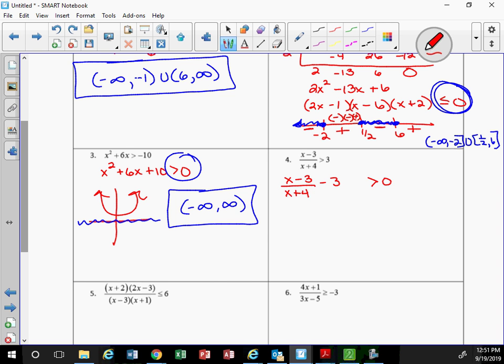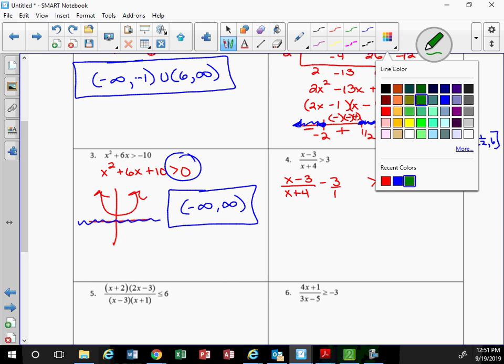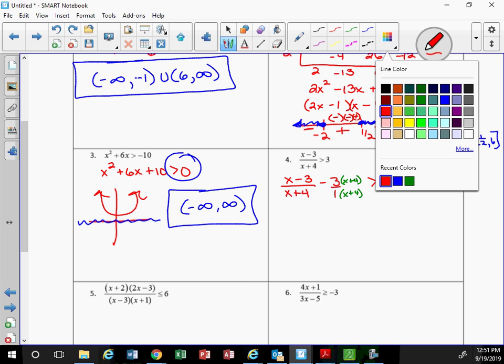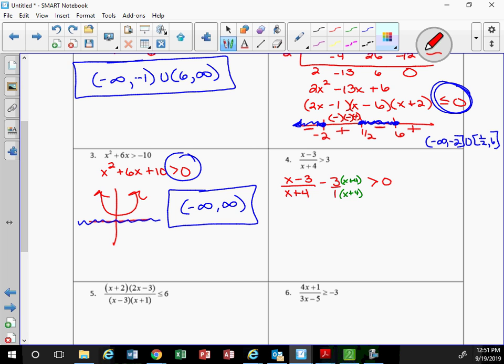All right, so 3 could be over 1. If I want to subtract fractions, what do I need? Okay, and what's it going to be this time? Okay, so I need a little x plus 4 here and a little x plus 4 here. So, I know the denominator will be x plus 4.